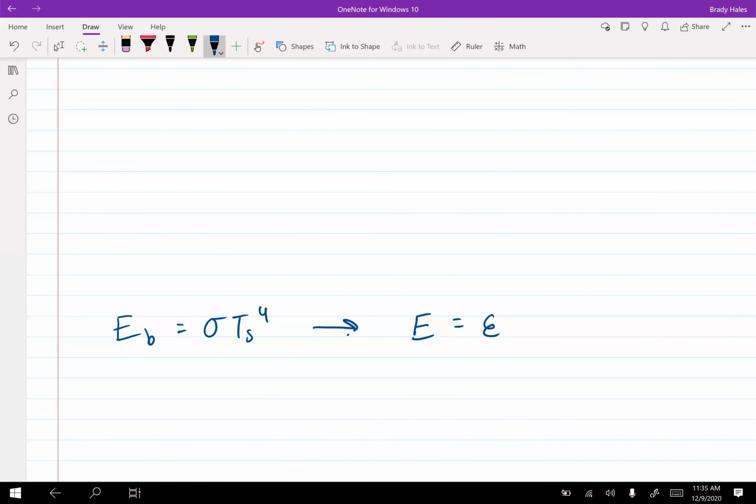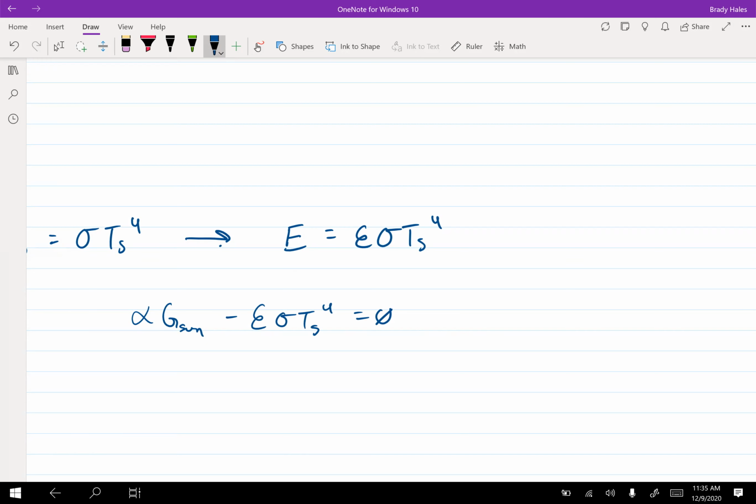This is going to be whatever temperature is getting emitted, right? So this is the rocket temperature, which is great because now we know alpha, we know G sun, minus epsilon sigma Ts to the fourth is equal to 0. We know sigma, we do not know epsilon, and then we're just solving for Ts to the fourth, right?